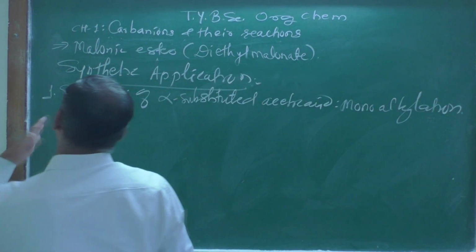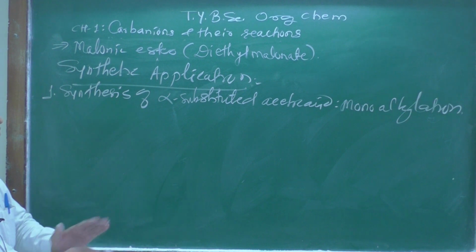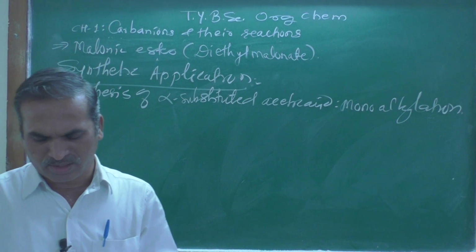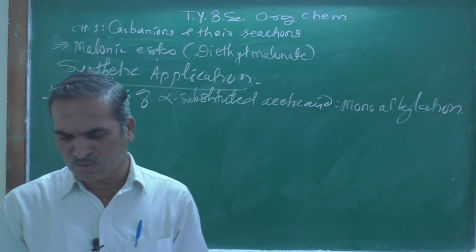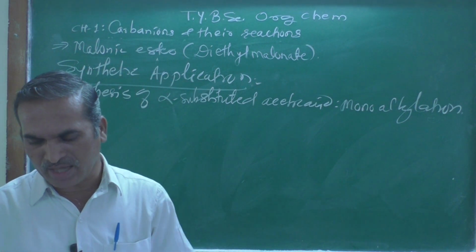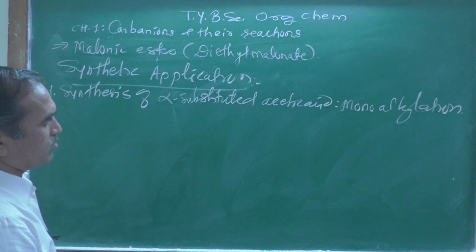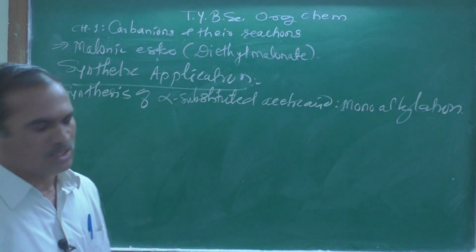In the exam, the question may appear like this: how will you prepare an alpha substituted acetic acid, or how will you prepare propanoic acid? So that type of question may appear in the exam. So let us see here.